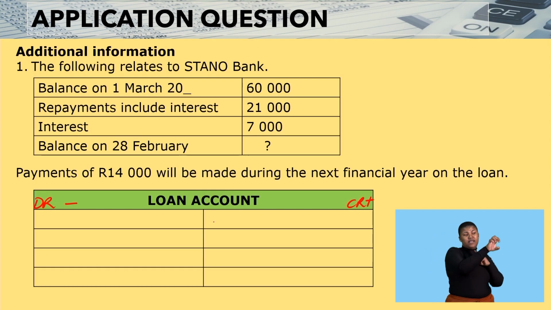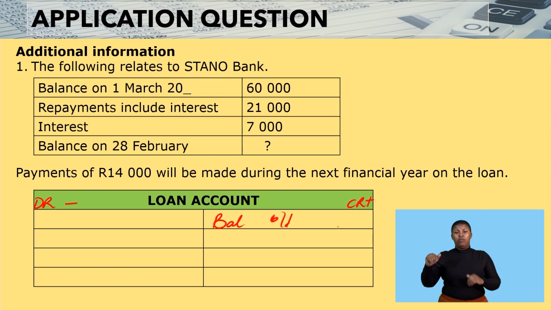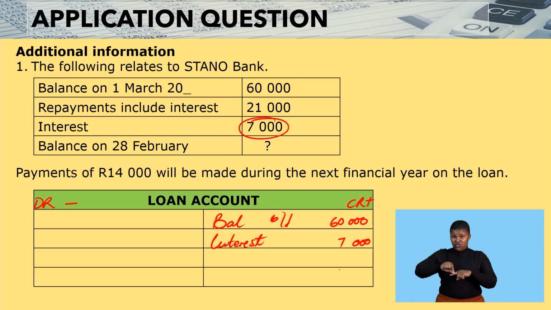I'll come here then and I will say my balance brought down. At the beginning, we're owing 60,000. Then we'll add our interest. How much was our interest? 7,000. Did we make any repayments? Yes, of 21,000. So I'll say my repayments on the loan are 21,000.